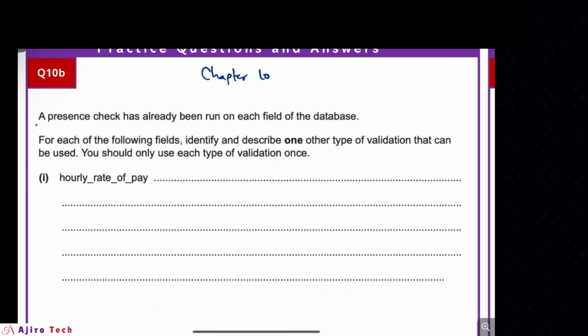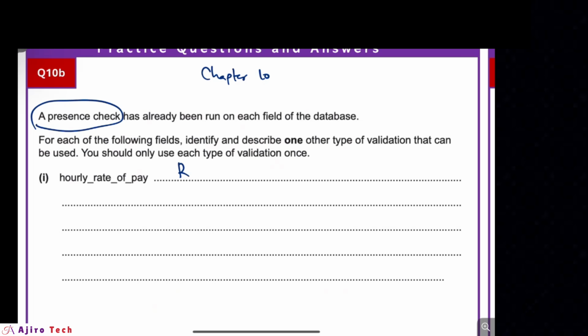It cannot be null, right? You should only use each type of validation once. So for the hourly rate of pay, what do we use? We can use a range check. So for hourly rate, we take £5 to £15 or something like that.